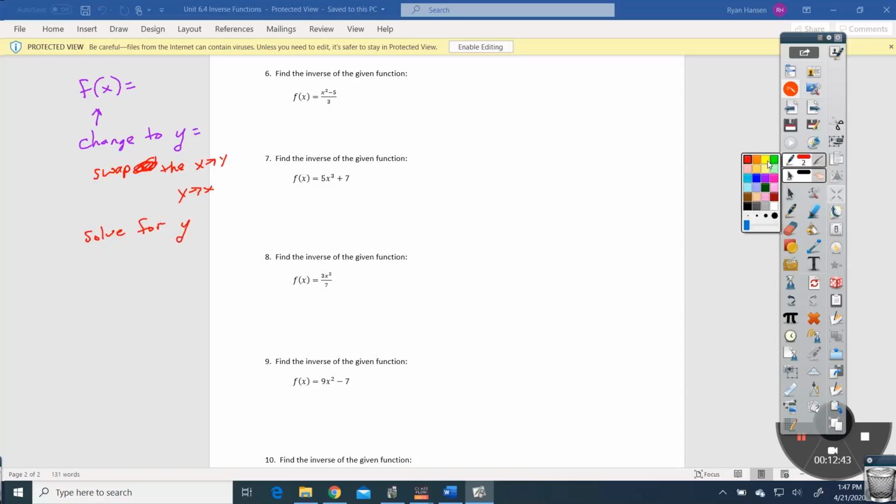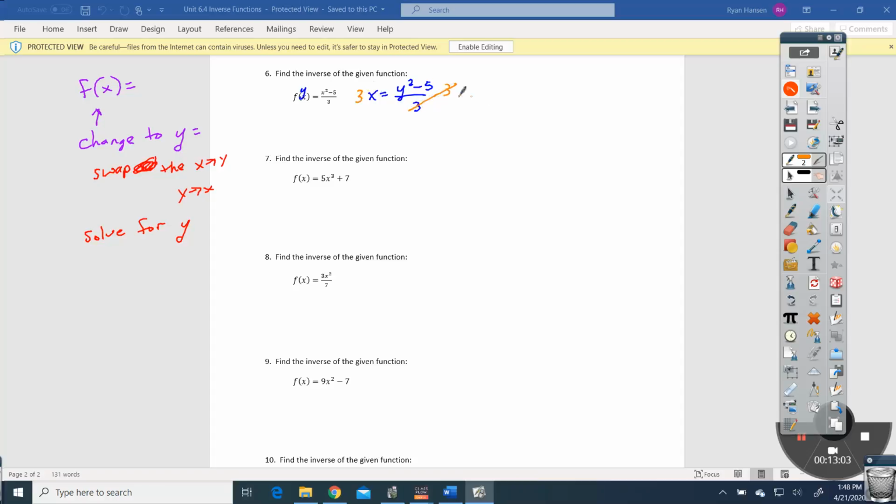So here we go on the first problem. This is really a y. Swap the x and y. So now I have x equals y squared minus 5 over 3. Now it says solve for y. To get rid of the divide by 3, I multiply by 3.